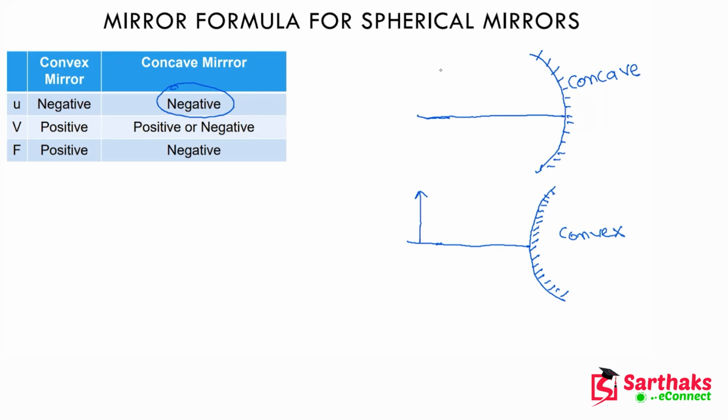I will be placing an object here, so that's why it is negative. Now, in the case of a convex mirror, let me draw it here. Let's suppose this is our convex mirror.